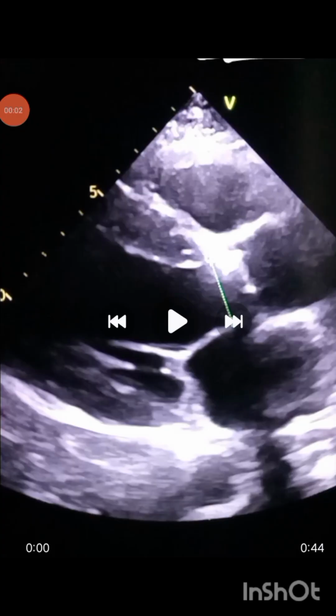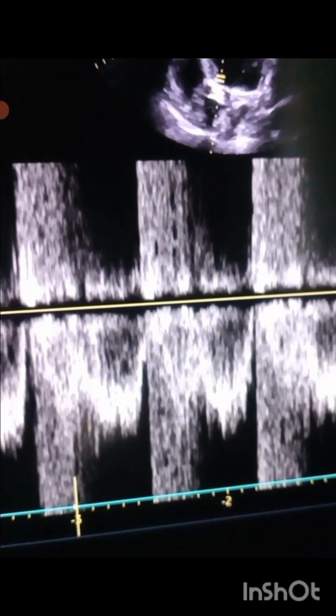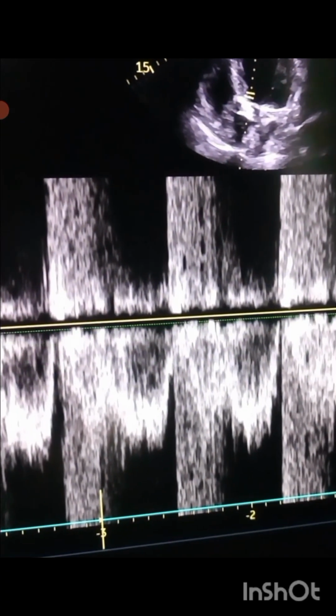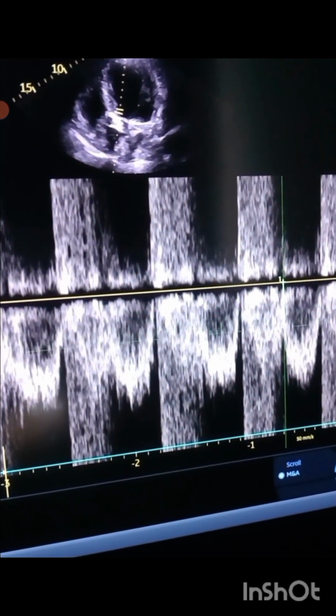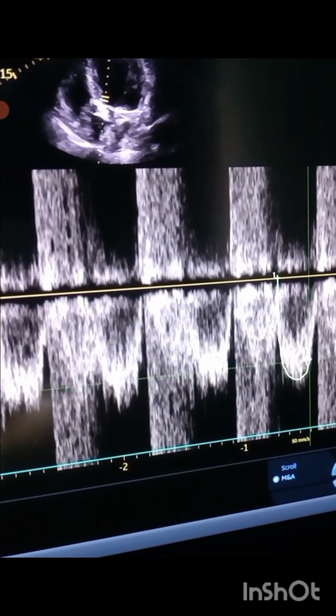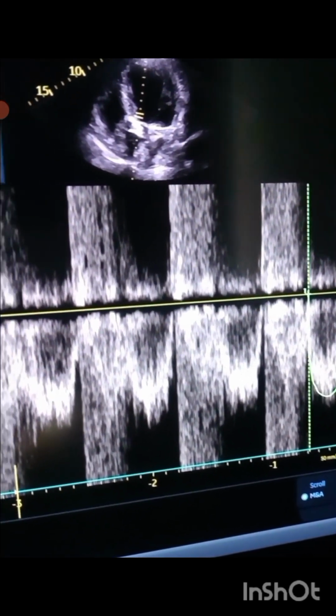This is the practical echocardiography real video clip. In the continuity equation we measure three things. The first is the LVOT area, from the radius of the LVOT. This is the LVOT diameter, 2.4 centimeters. Second, we trace the LVOT VTI, the time velocity integral, from the pulse wave Doppler.